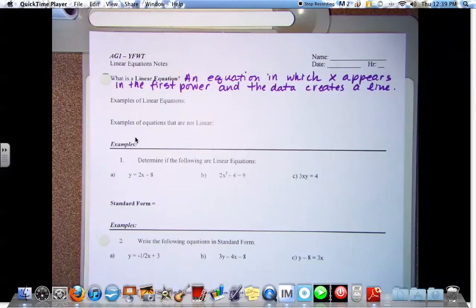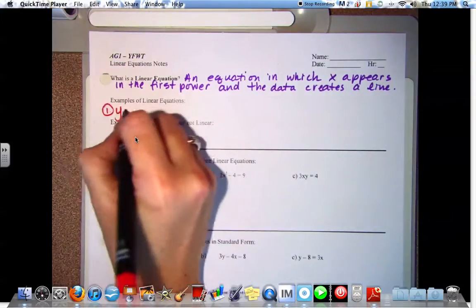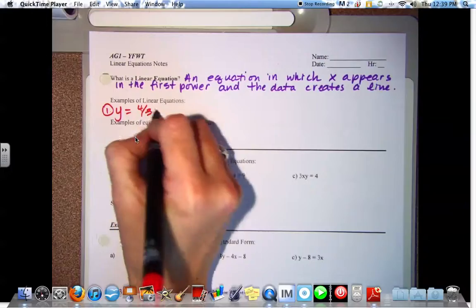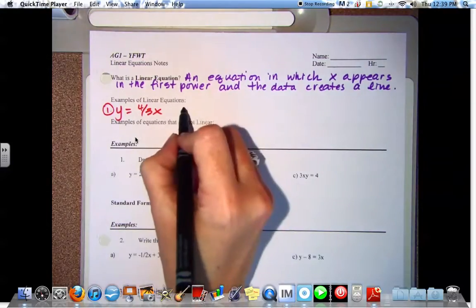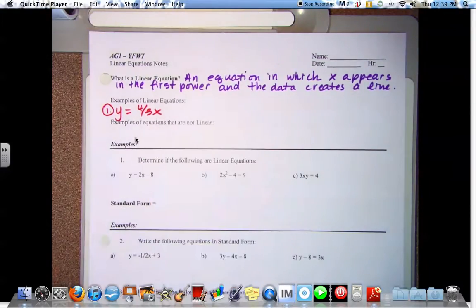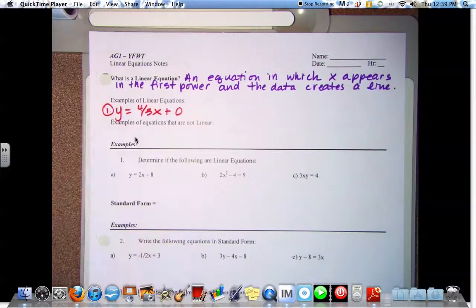All right, examples of linear equations. Y equals 4/3 x. Doesn't that have to have a little plus thing? Okay. Plus 0.